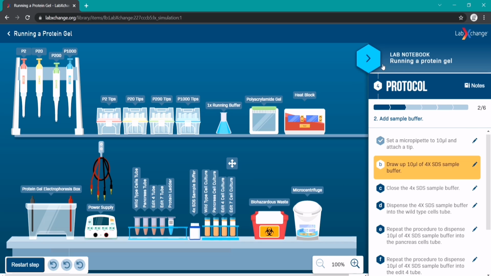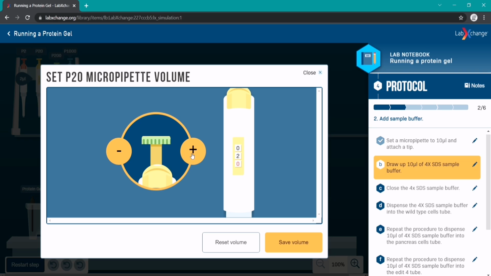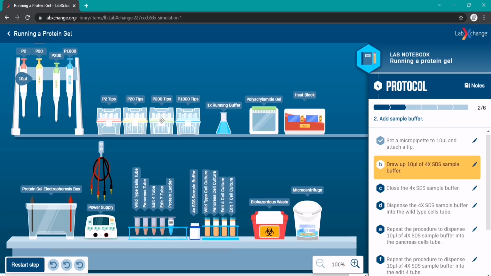The second part will be add sample buffer. Firstly, set a micropipette to 10 and attach a tip. And then draw up 10 of 4x SDS sample buffer.